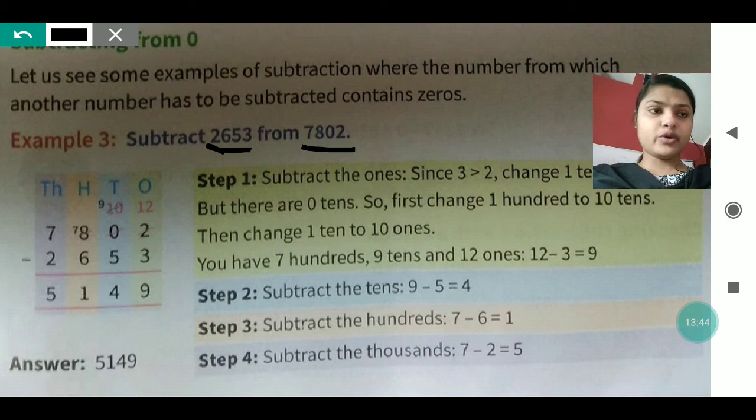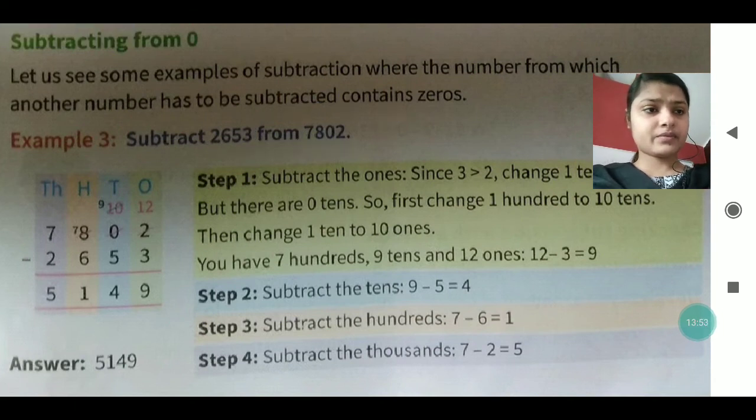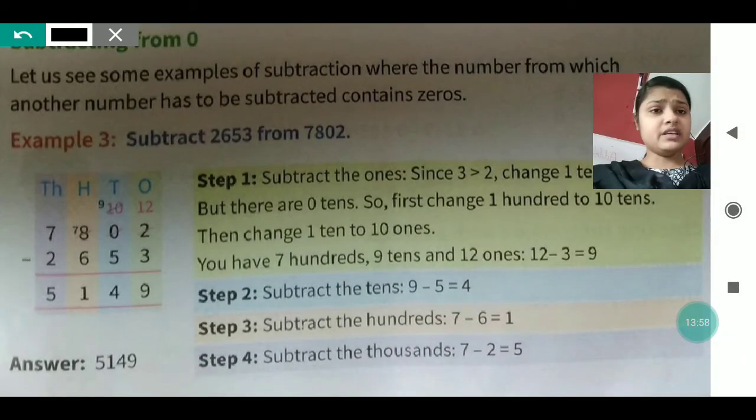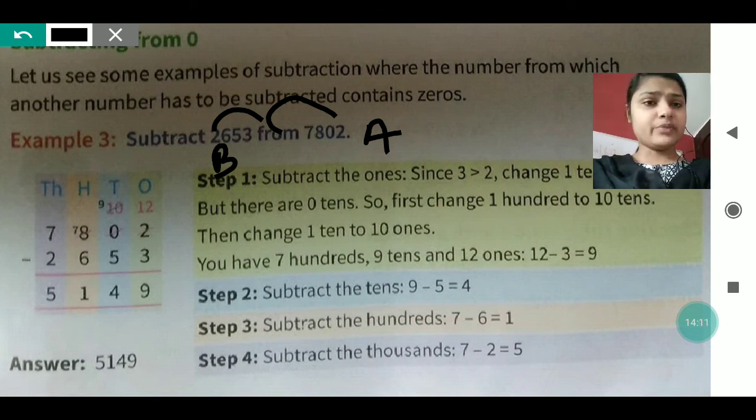Here one thing I want to make clear: the number which is written after "from" will be written first, and the number which is written before "from" will be written next to that number. This is the minuend here and this is the subtrahend. So I have arranged it in that way.